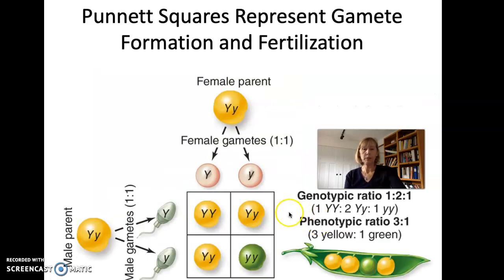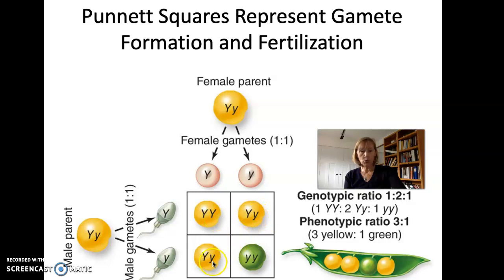So when we fill this one in, big Y, you would have little y, big Y, still yellow. Big Y, little y, heterozygous. And then little y, it would be green. So the genotypic ratio, how many of these letters do we get? We get one that's homozygous dominant.